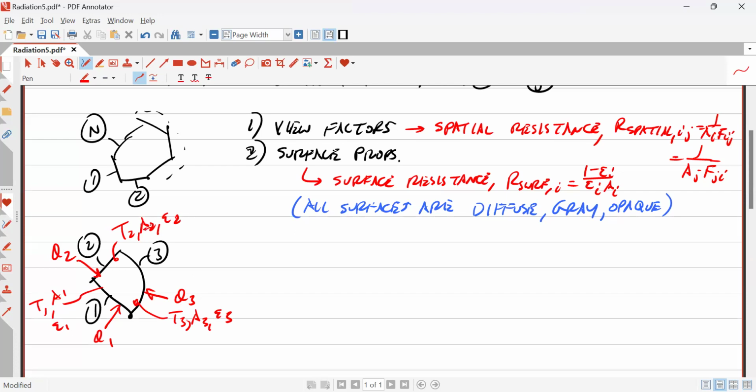The general idea for these types of problems is that you're provided with all the values of A's and epsilons, and you're provided with some values of T's and some values of Q's.